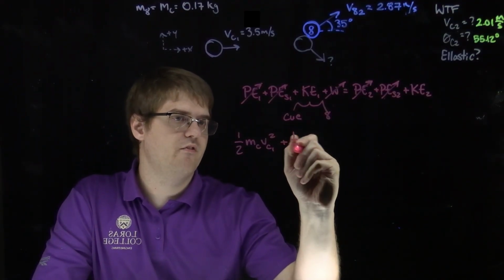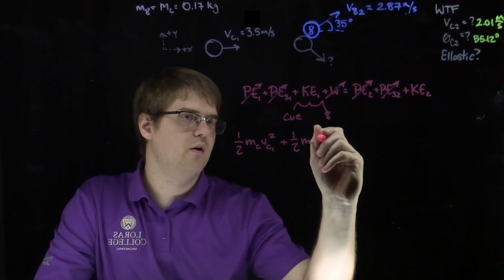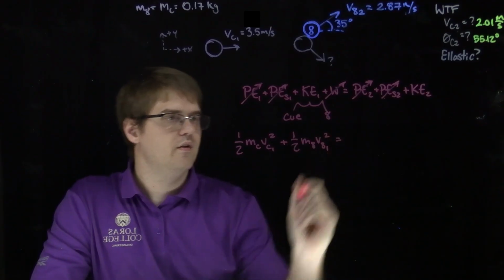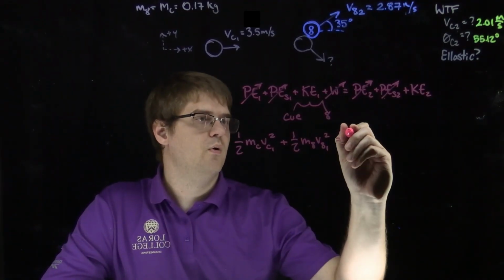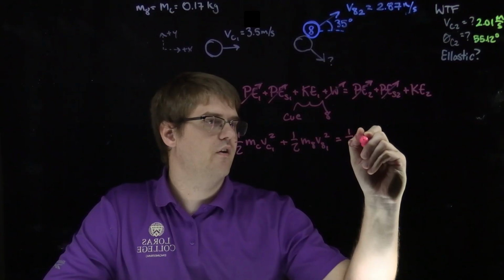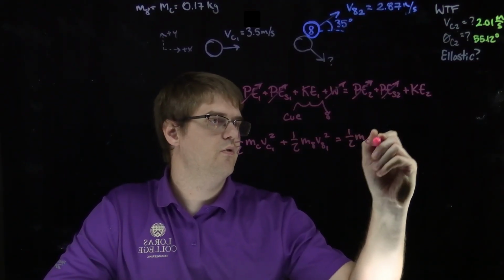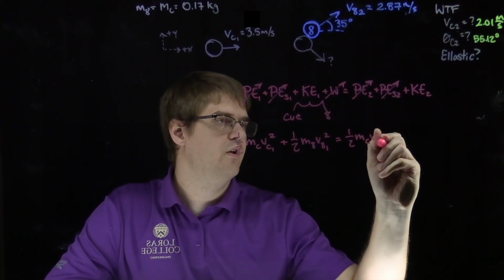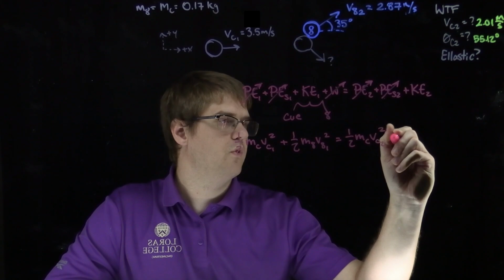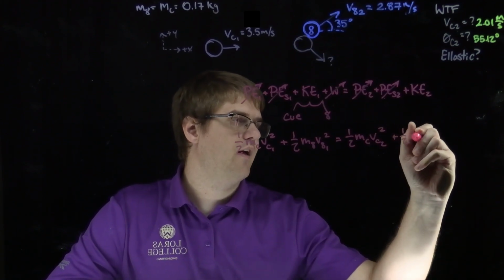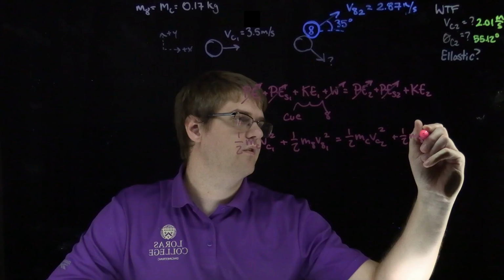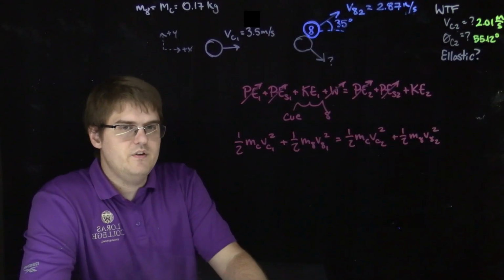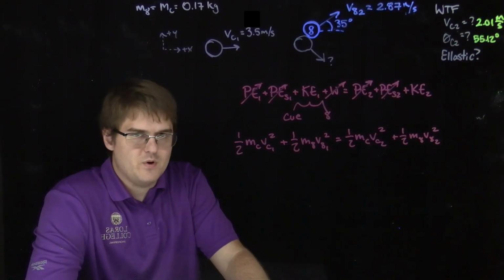Plus 1/2 times the mass of our 8 ball times the velocity of our 8 ball at 1 squared is going to be equal to 1/2 times the mass of our cue ball at 2. Well, the mass of our cue ball didn't change, so the mass of our cue ball times the velocity of our cue ball at 2 squared plus 1/2 the mass of our 8 ball times the velocity of our 8 ball at 2 squared. All these energy values, it doesn't matter what direction they're going in.